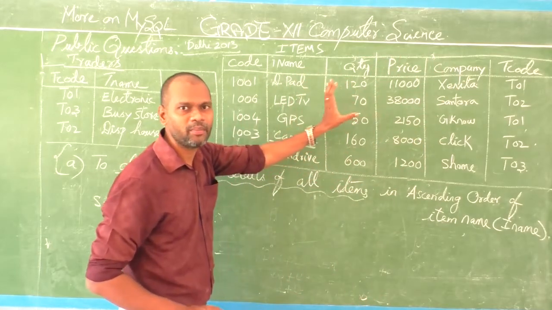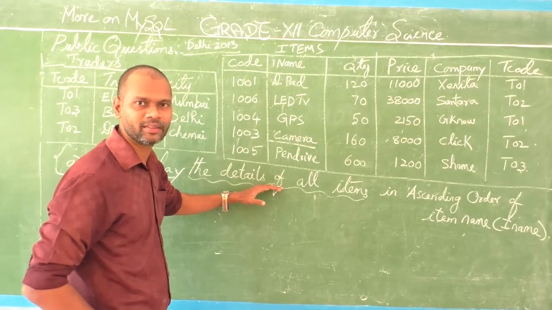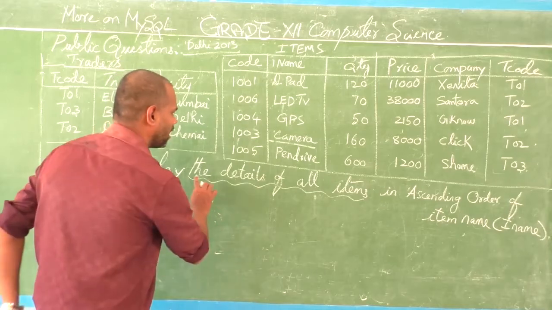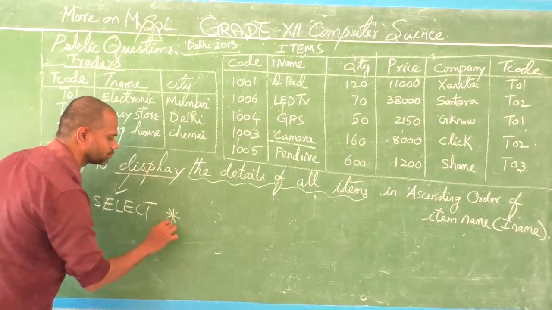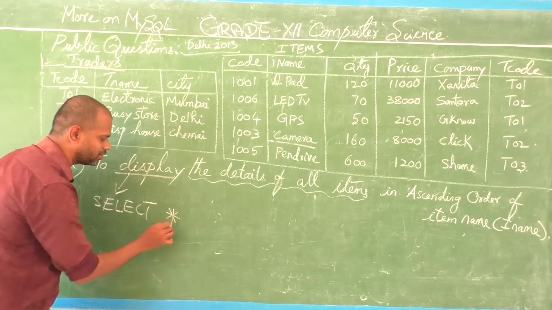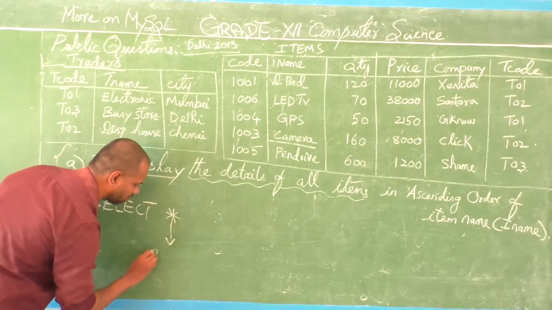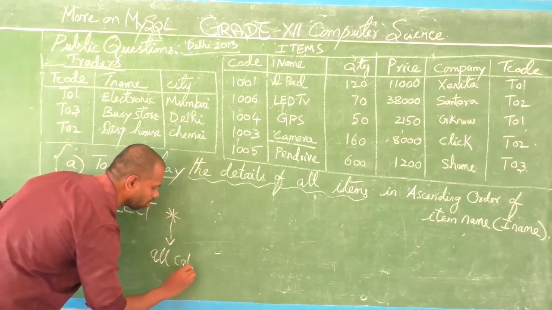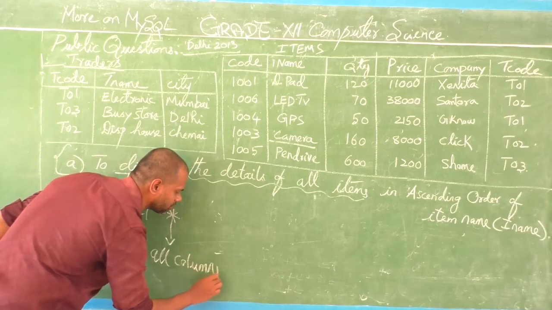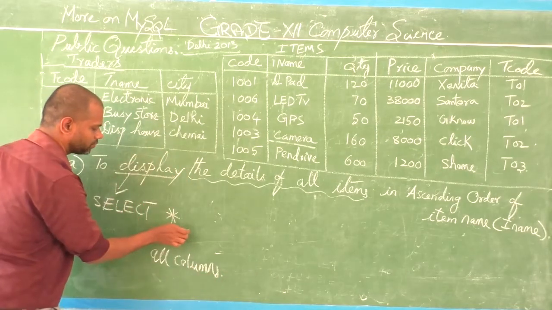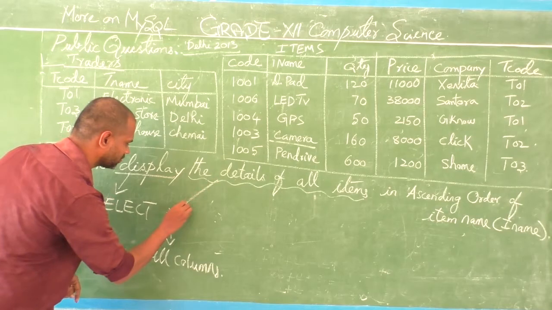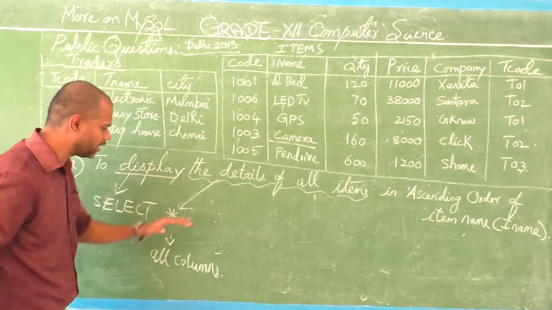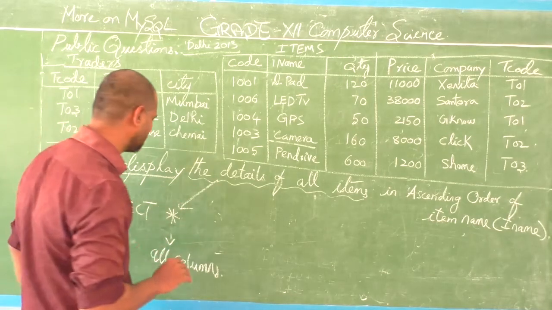All the column details should appear. So for all columns you write star. Star is nothing but all columns. Whenever you want to display all the columns, you simply write star. That's all.